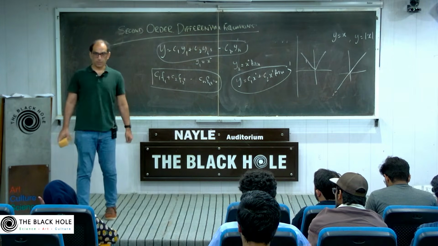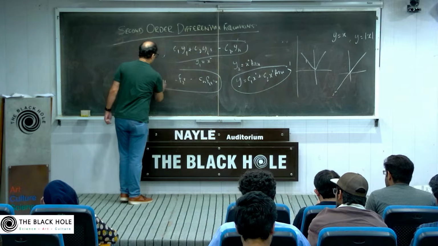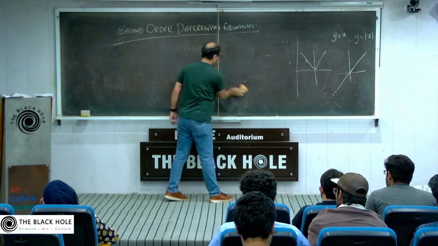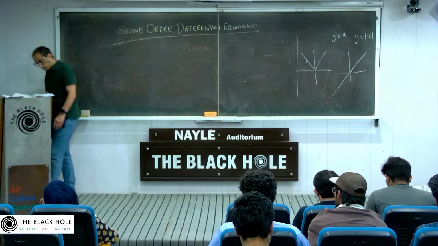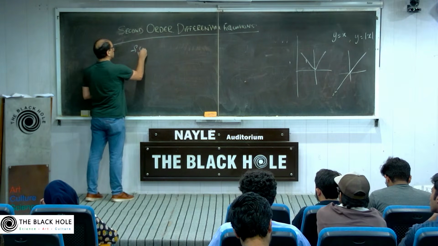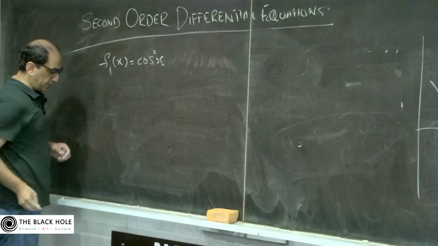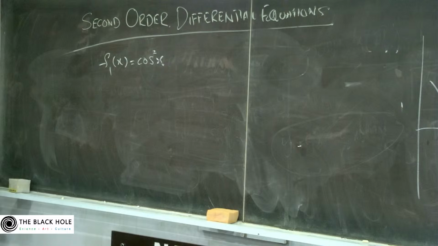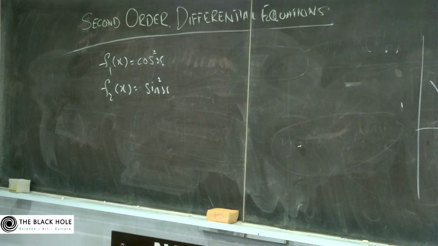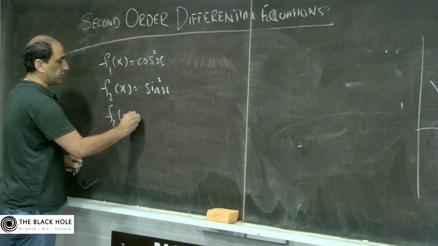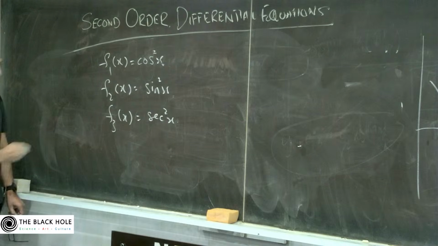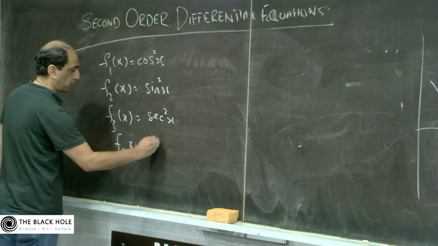So the best way is to do an example. So let's do an example. f1(x) is equal to cosine square x, f2(x) is equal to sine square x, f3(x) is equal to secant square x, and f4(x) is tangent square x.